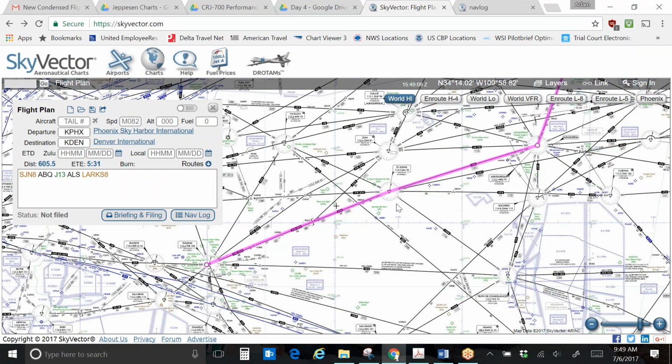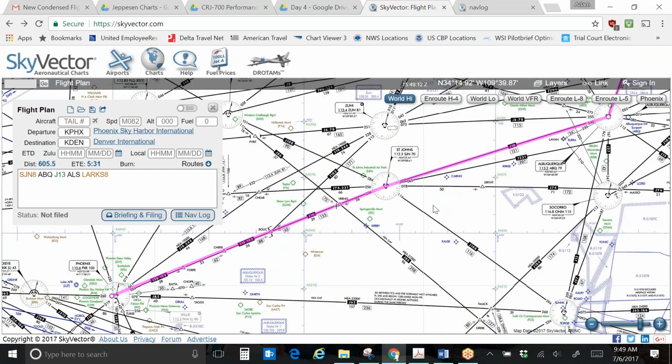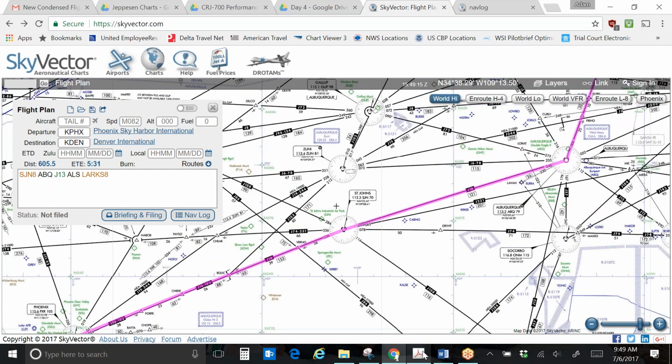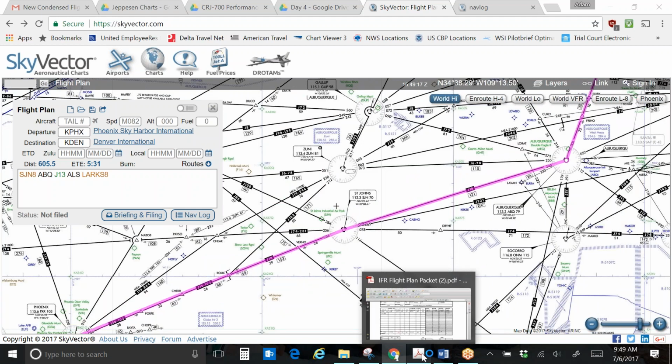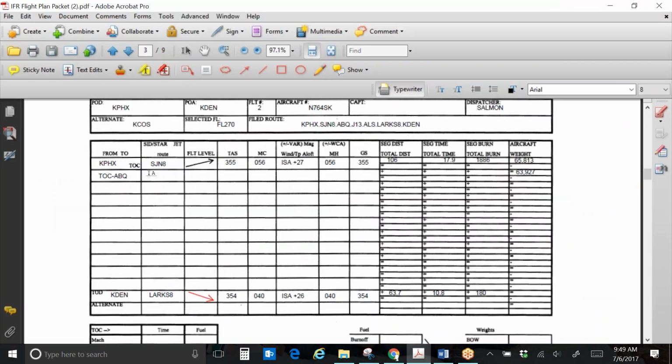Technically, because our SID transition is Albuquerque, even at this point we're still on the St. John's 8. Only difference here is that we are at flight level 270 now, and the rest of it we don't know yet.